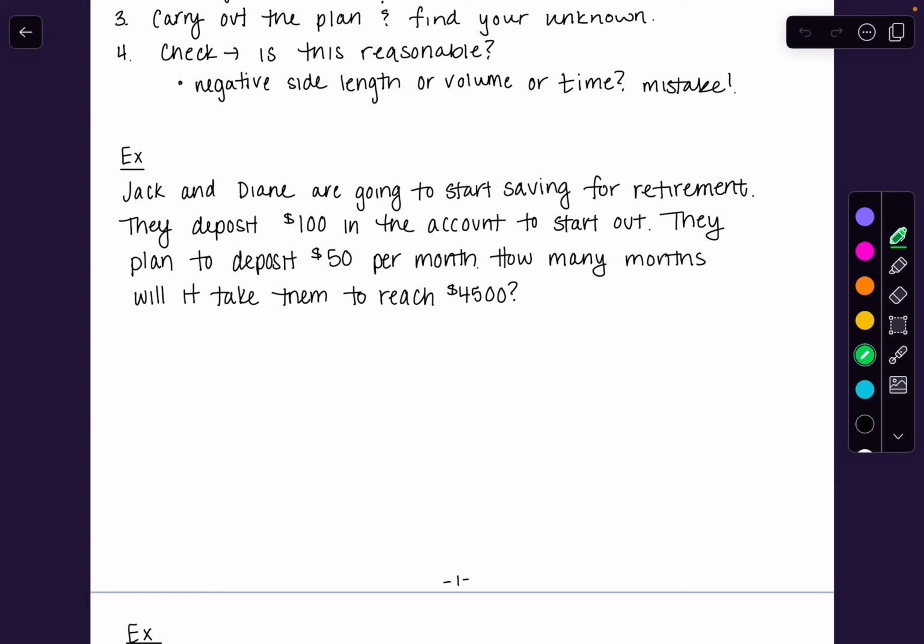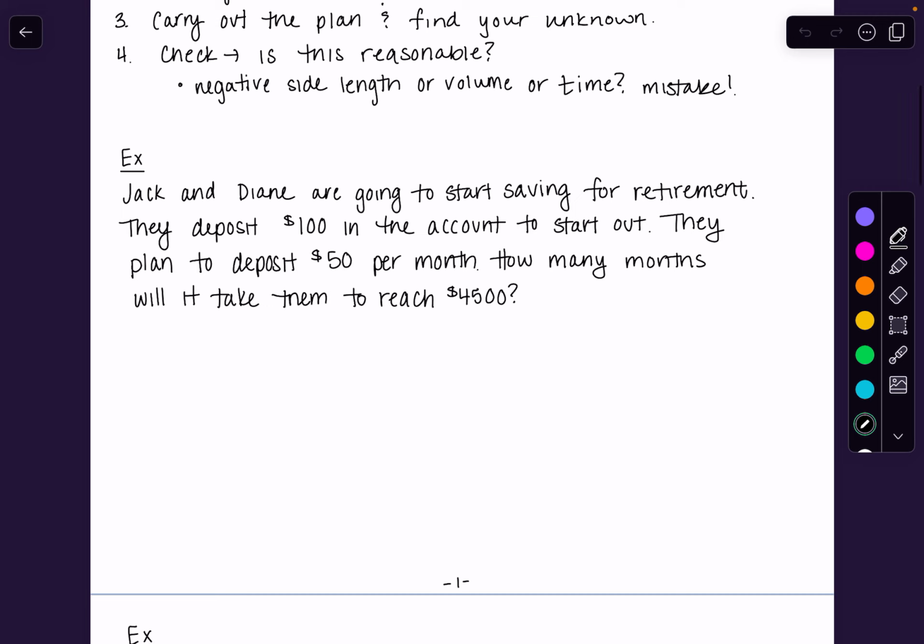So if you remember anything about this, this is that linear relationship because we're adding the $50 to this account every single month. But again, I'm going to break this down into words. So a picture doesn't make sense, but I can think about this in words instead.